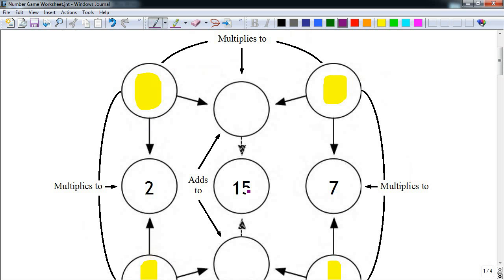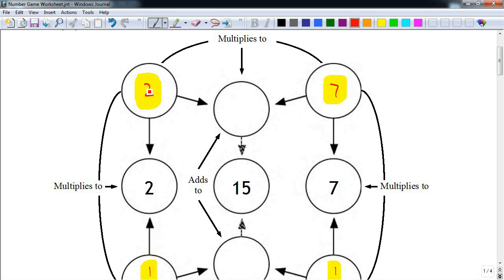Okay, this is the kind of thing that just requires a lot of playing around with the numbers. For this particular puzzle, if I use a 2 and a 1, because 2 times 1 is 2, and then I use a 7 and a 1 because 7 times 1 is 7.